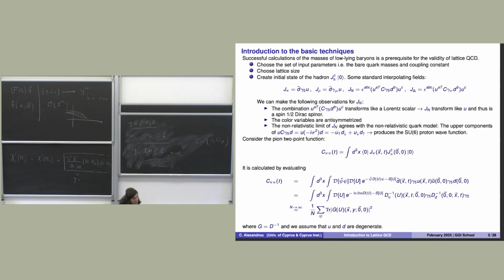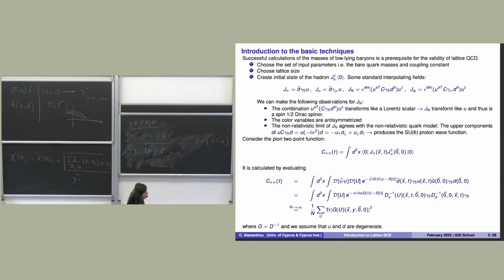And of course, most calculations, but not all, are done in the isosymmetric limit. What does it mean? It means that the masses of the u and d quarks are degenerate, and we ignore electromagnetic effects. So if I do this, then since I have an integral over d^3x, and I have an x here and an x here, I can write this as a trace of U absolute value squared.